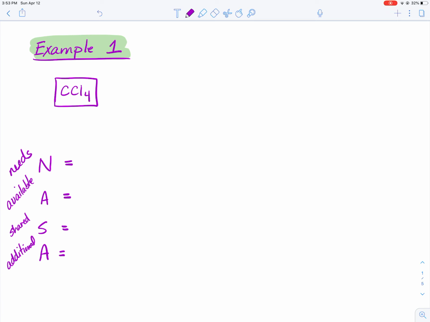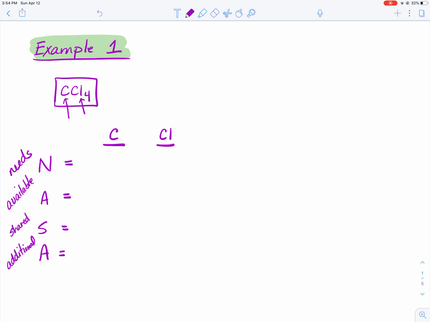In order to do this, you have to do this for whatever elements are in the formula. So we happen to have carbon and chlorine. I'm going to make a column for each element type that is in my formula, and I'm going to count how many I have of each.